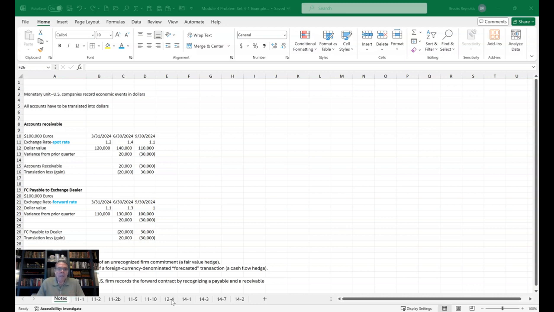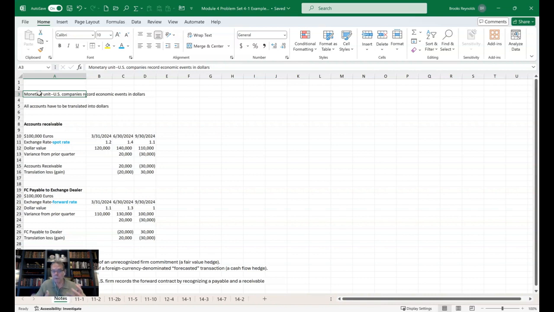Under GAAP accounting, one of the criteria is the monetary unit, as you can see here. What it means is that if you're an American company and you're on the New York Stock Exchange or NASDAQ, then you have to measure everything in dollars. And that makes sense because we're Americans, we use dollars, we understand dollars.